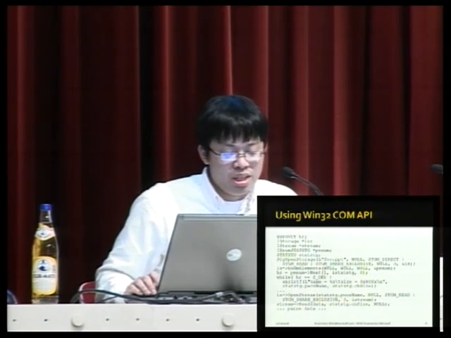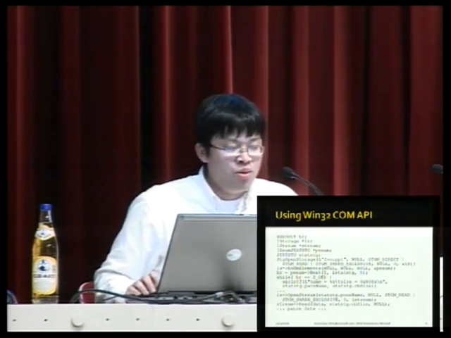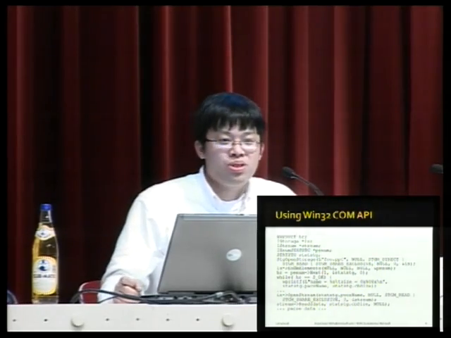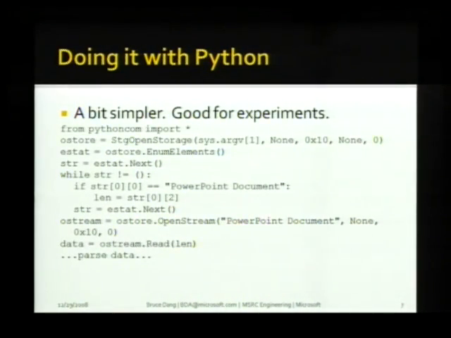So this is an example of how to use the COM API. But if you don't know C or C++, which is probably only about 1% of you, you can use Python. I actually like Python a lot. So yeah, go Python.